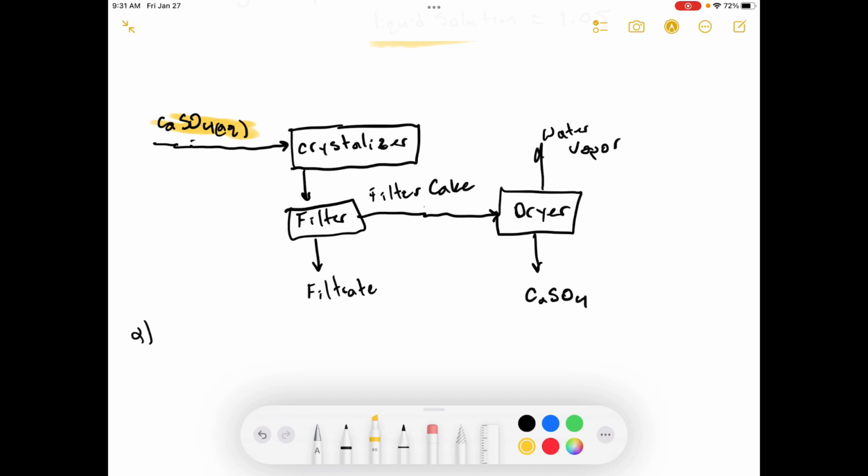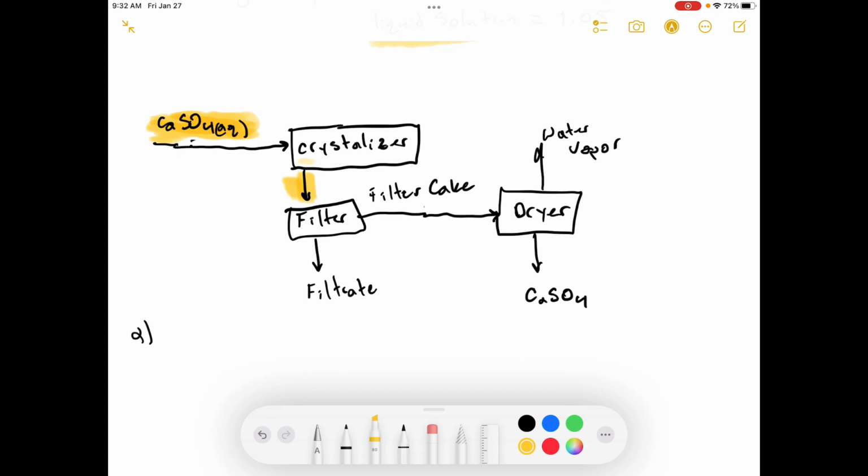So the stream coming out here contains solid calcium sulfate. This is probably some sort of supersaturated solution, but it's all water bound, so it's not a slurry, but then it comes out of the crystallizer as a slurry.